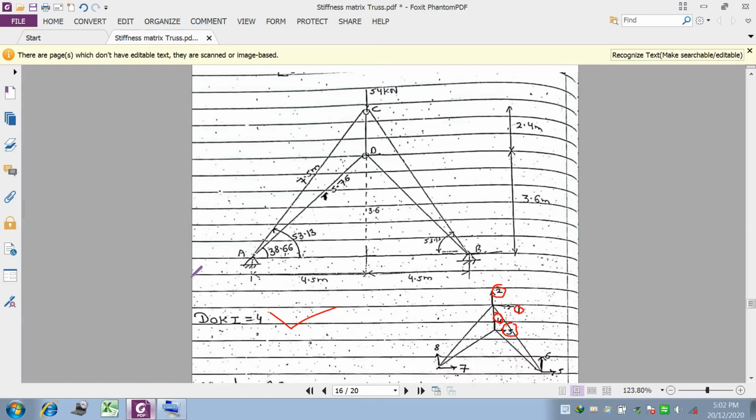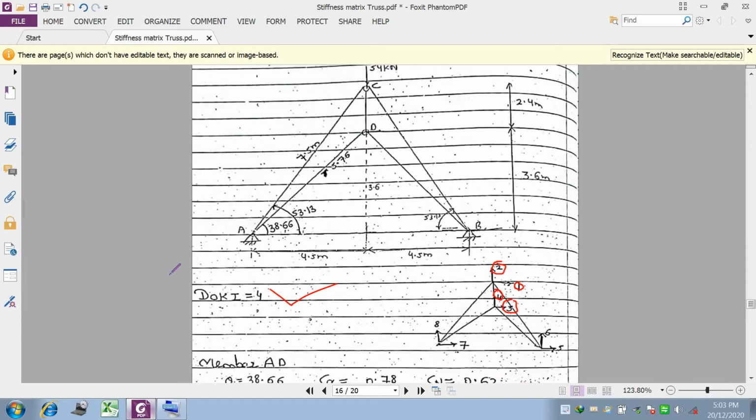Along the CD axis, it is exactly similar. The force you calculate for members AC and AD will be the same for members BC and BD, because it is symmetrical about the y-axis. Now let us see how to calculate this numerical.